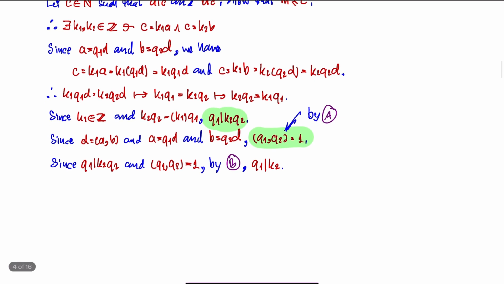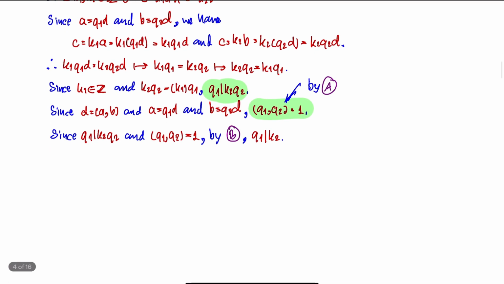By divisibility, there exists Q3, which is an integer, such that k2 equals Q1 Q3.